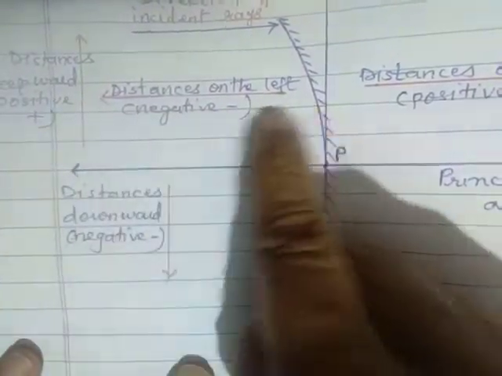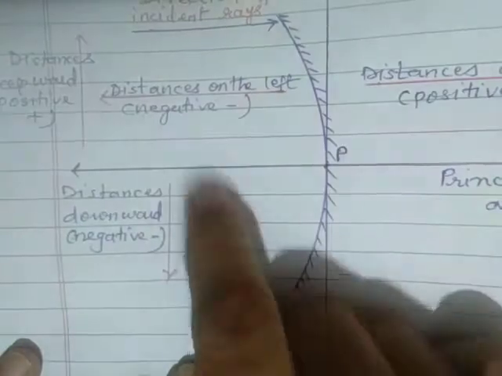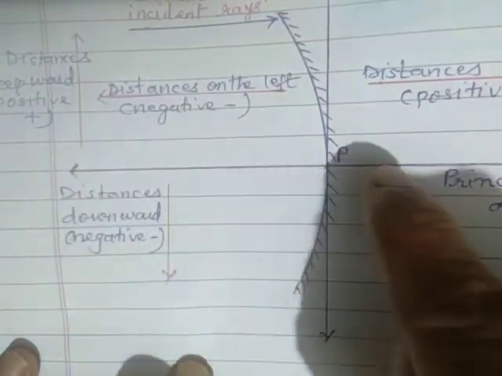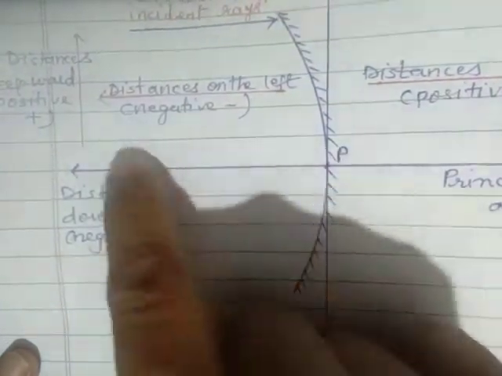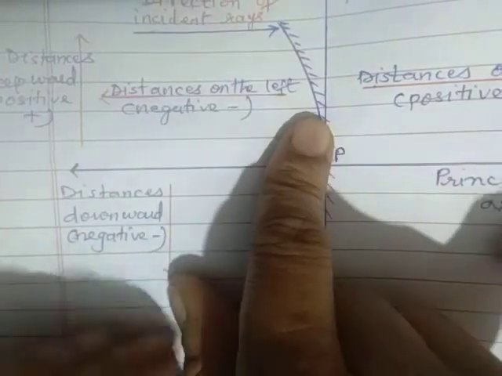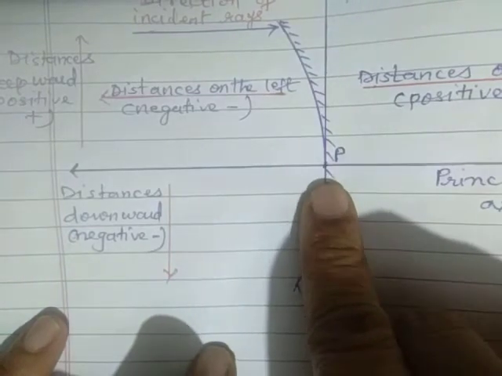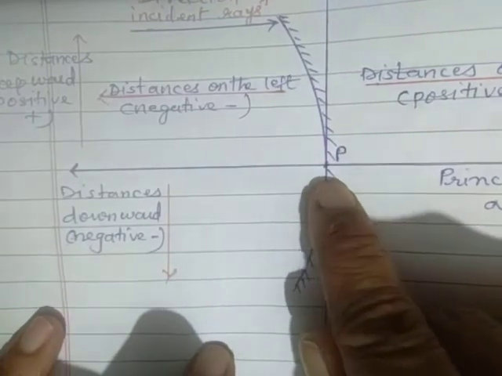Now you can see, these lines are all parallel, and you know that we take incident rays passing parallel like this to the principal axis. So whatever distances are there parallel to the principal axis are measured from the pole of the mirror. They are taken from the pole of the mirror.